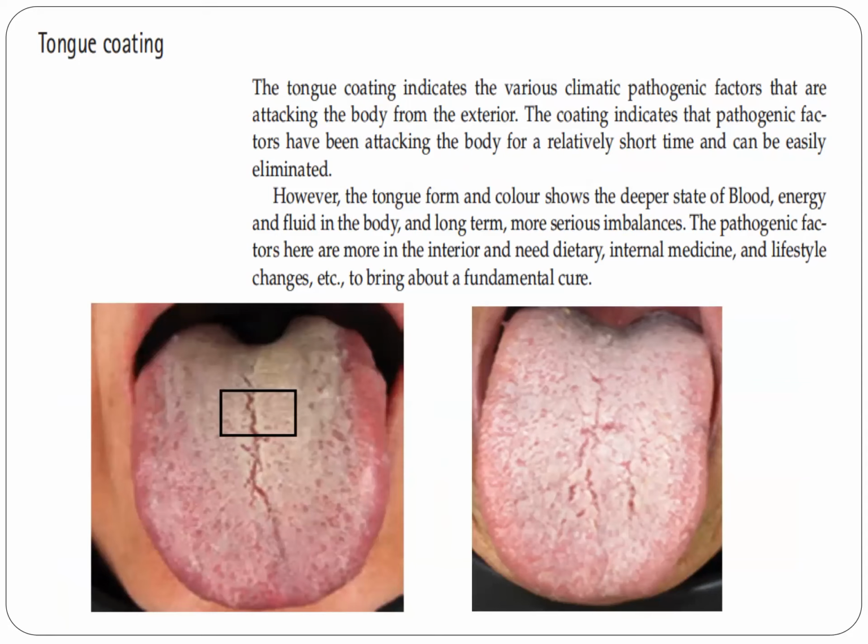However, the tongue form and color shows the deeper state of blood, energy, and fluid in the body, and long-term, more serious imbalances. The pathogenic factors here are more in the interior and need dietary, internal medicine, and lifestyle changes and others to bring about fundamental cure.